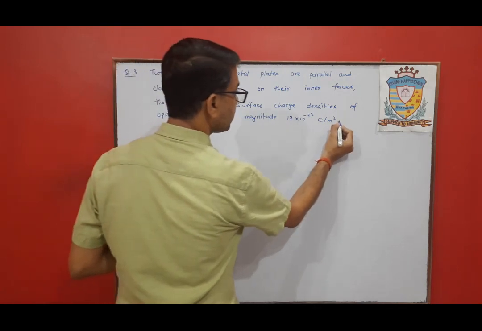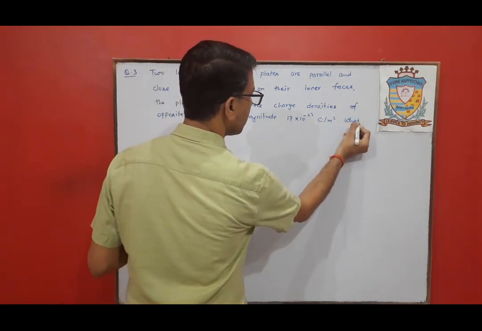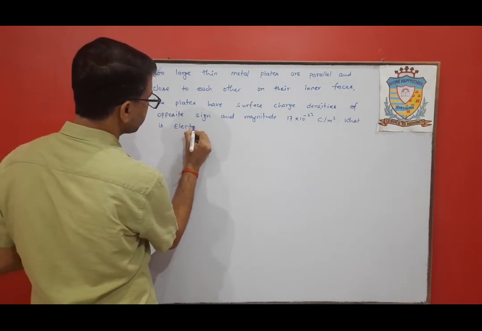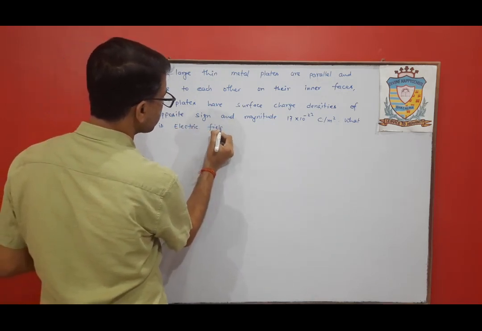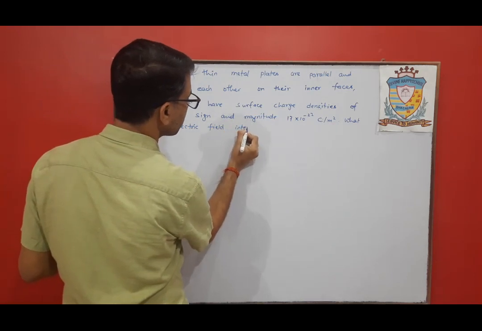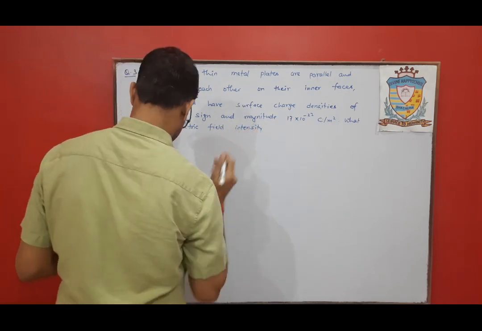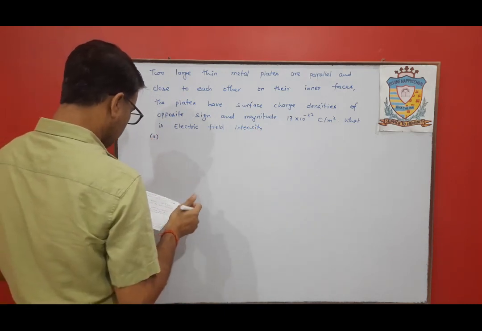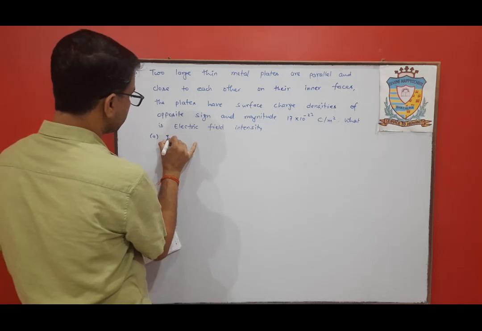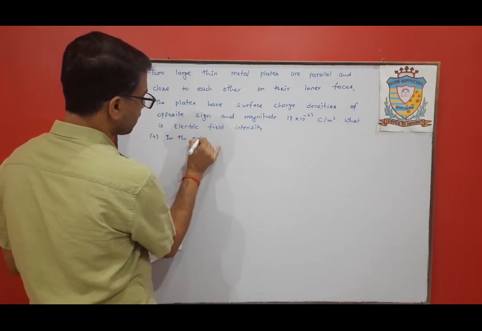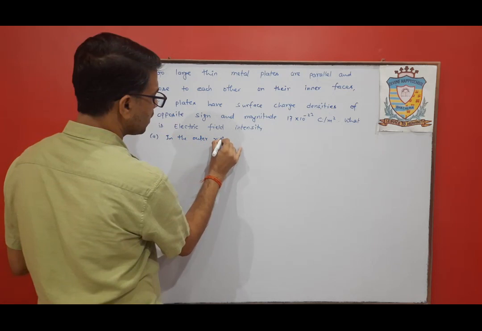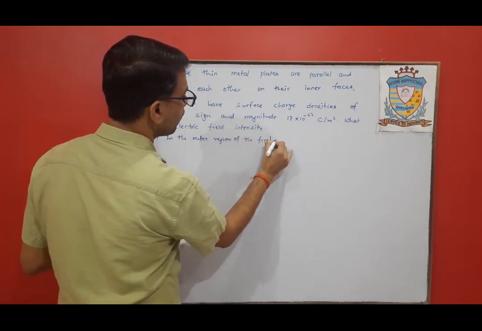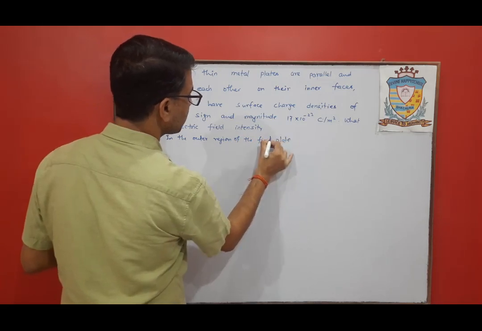What is the electric field intensity, first, in the outer region of the first plate?